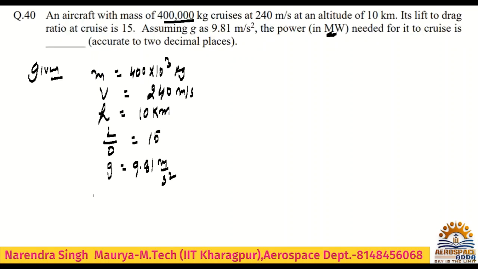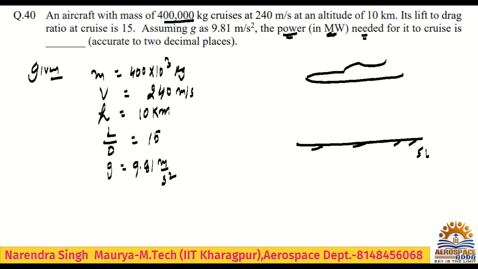Simple. In this problem, what are they asking? What is the power required? Power needed means power required for its cruise. So suppose this is sea level condition, and here the aircraft is flying.